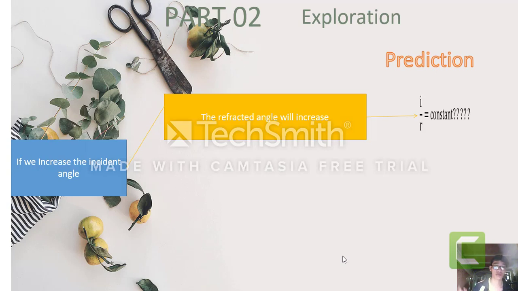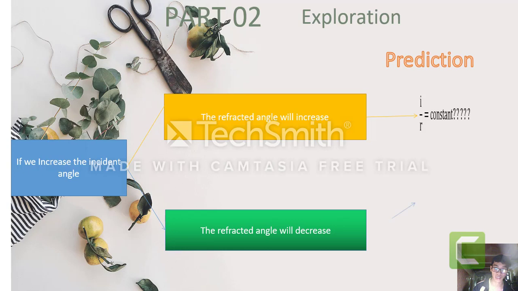And also, for this case we can get the prediction that i times r may be a constant.